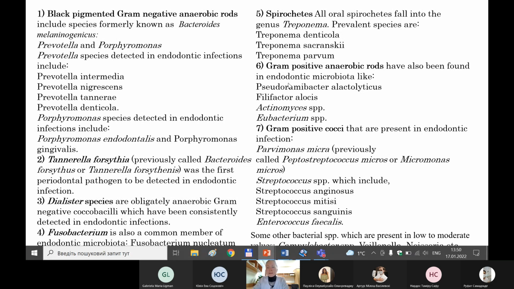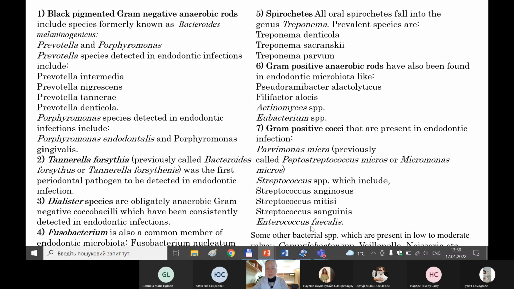spirochetes and subgroups of spirochetes, gram-positive anaerobic rods, Actinomyces, Eubacterium, gram-positive cocci, Parvimonas, Peptostreptococcus and subgroups of it, and by the way, Enterococcus faecalis.